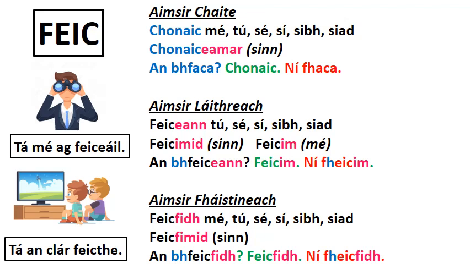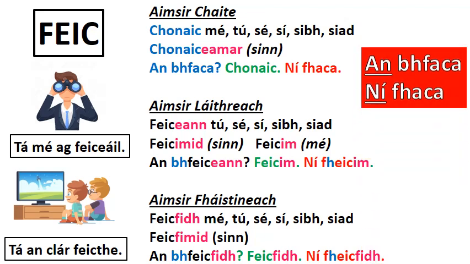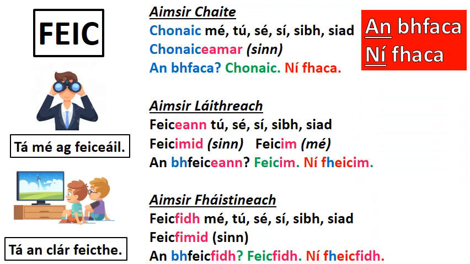So again, Aimsir Laithreach totally playing by the rules, Aimsir Fháistineach totally playing by the rules. And the big thing we need to remember here is that past tense is chonaic, but the big one to remember, because the question words are extra weird, is an bhfaca and ní fhaca.